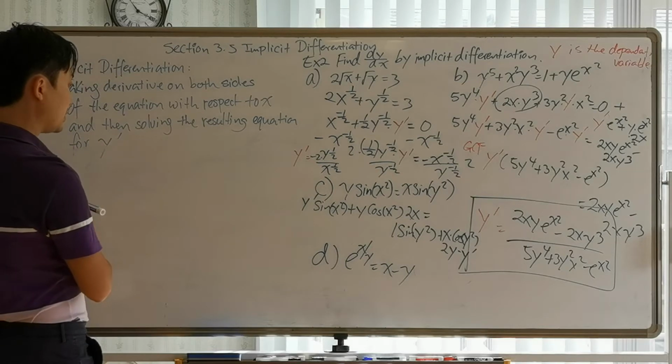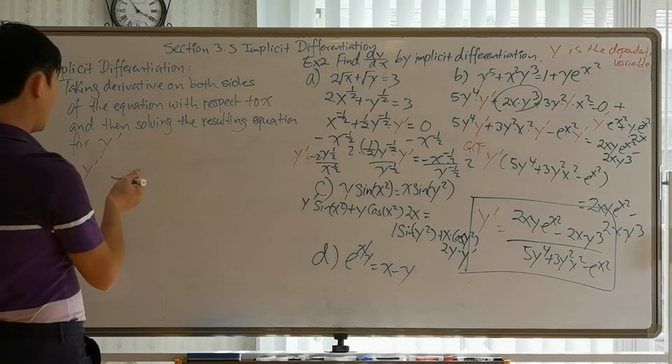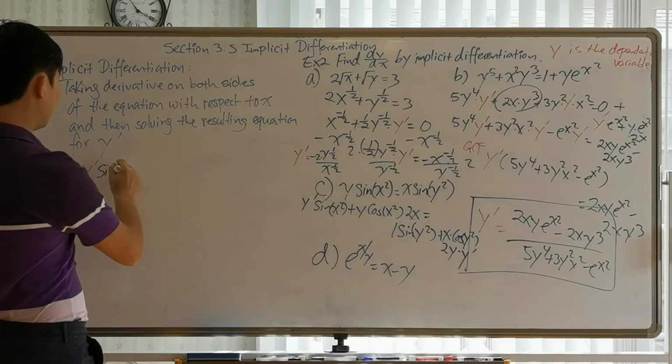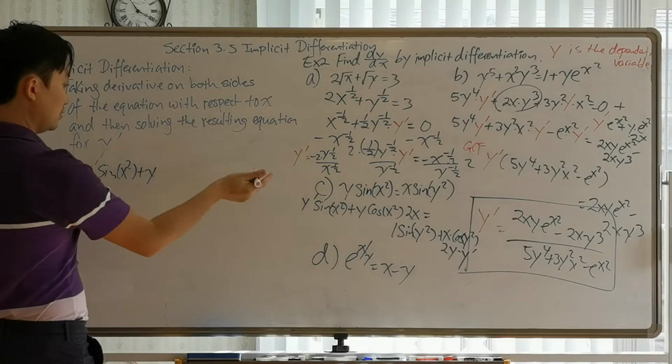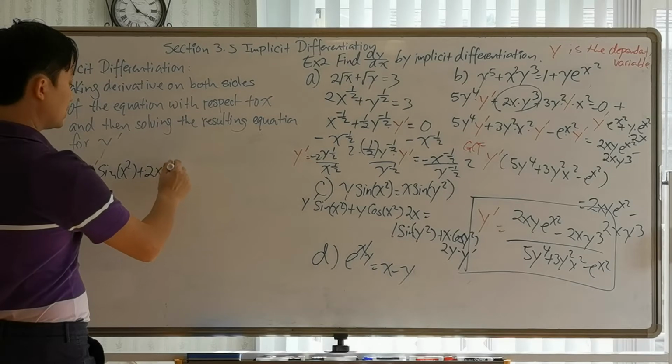Let me carry that all the way over here. Again, I want to write y prime in terms of the red marker. So y prime times sine of x squared plus y times 2x, or just rewrite it as 2xy, cosine of x squared.